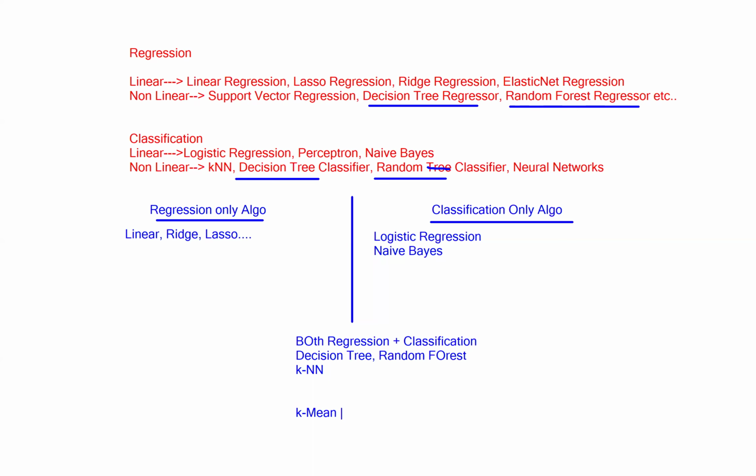They don't fall under any category. K-means clustering is separate. It's neither a regression nor a classification. It has a separate task type, known as clustering, which we will study in unsupervised learning. So K-means clustering is not for supervised, it is meant for unsupervised machine learning.